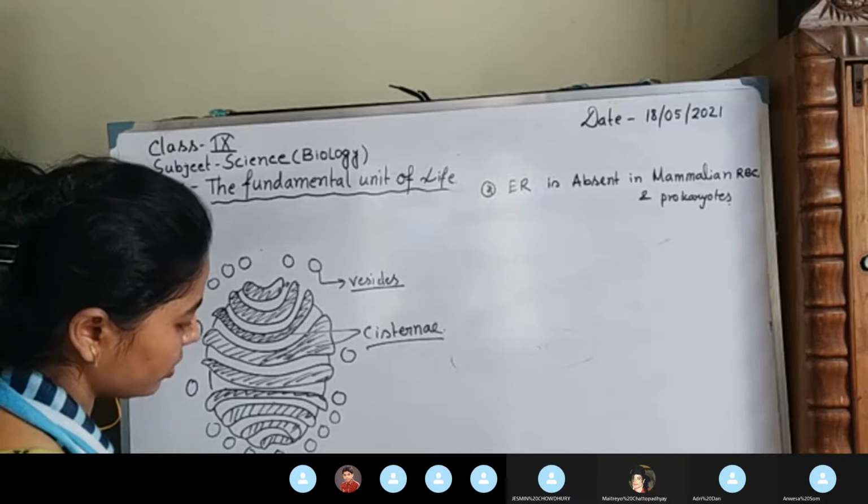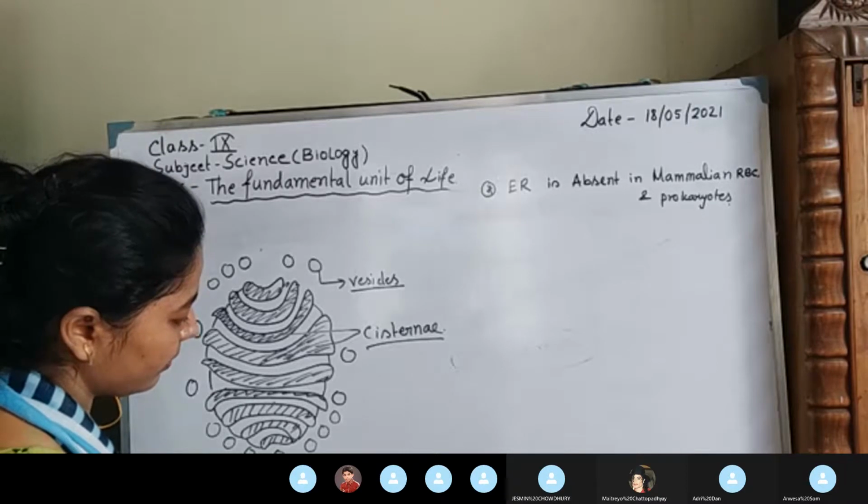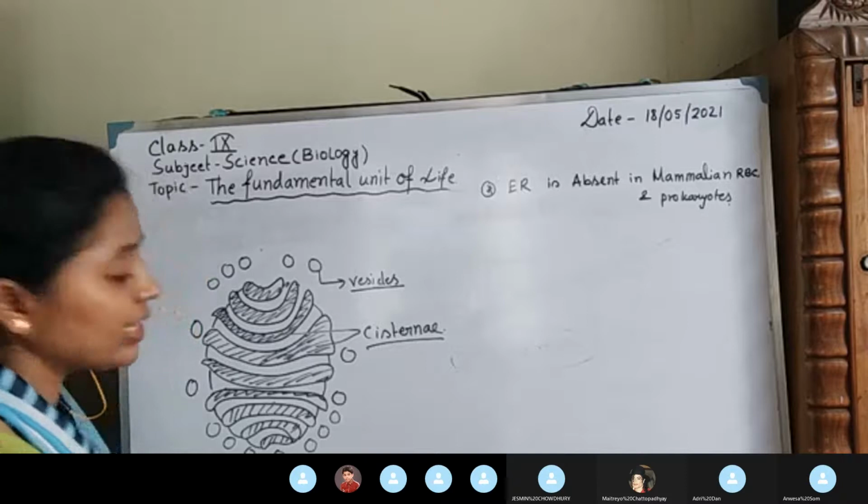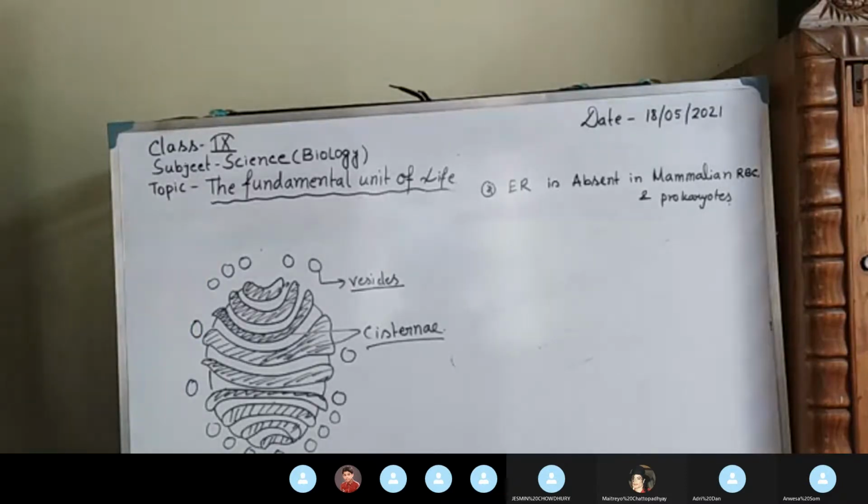There you can see the structure of Golgi apparatus and the different components it consists of. Can you see the board properly?